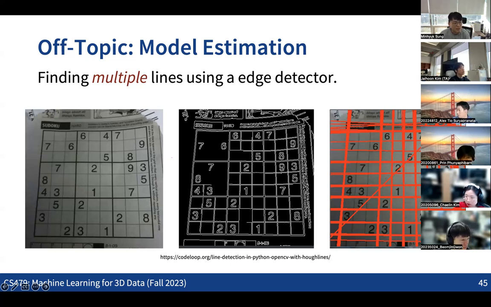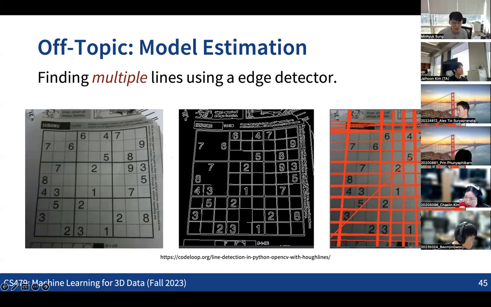For those cases, points on the other lines might be outliers for a certain model, right? So when you want to find multiple models, we need a better strategy.